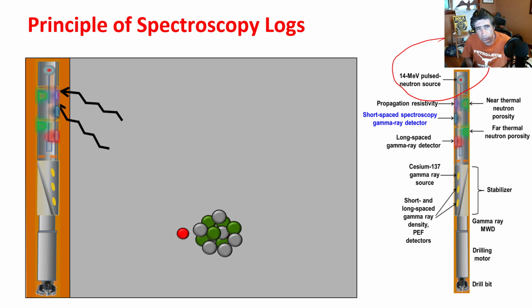So what these spectroscopy tools look at, they look at gamma rays that are produced as a consequence of the interaction of high energy neutrons with formations, and they look at gamma rays produced at the high energy spectrum of these interactions, or at the very low energy, which is the thermalized regime of interaction of neutrons with matter.